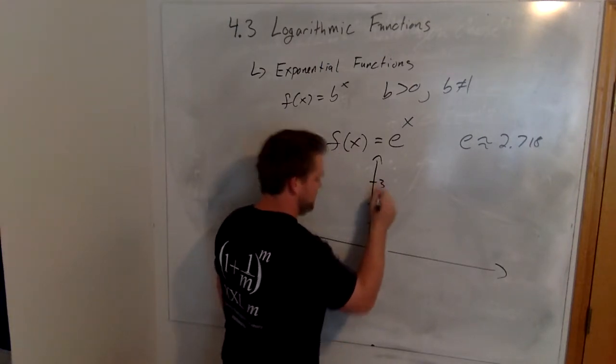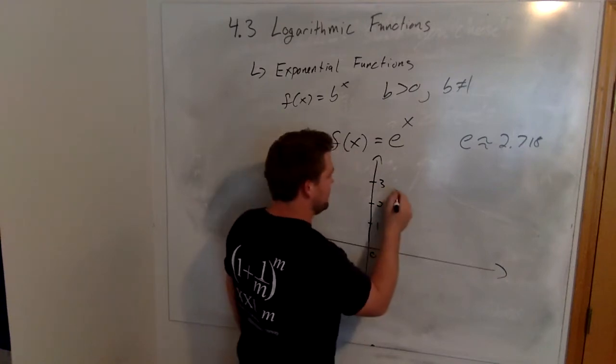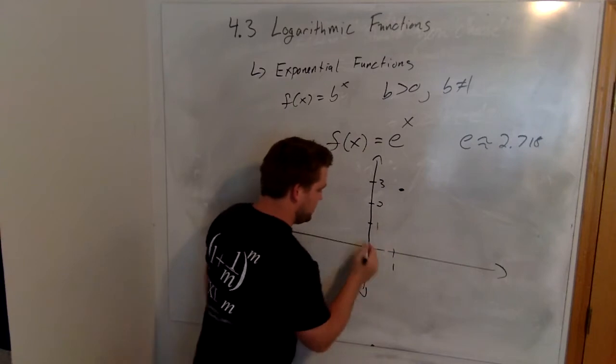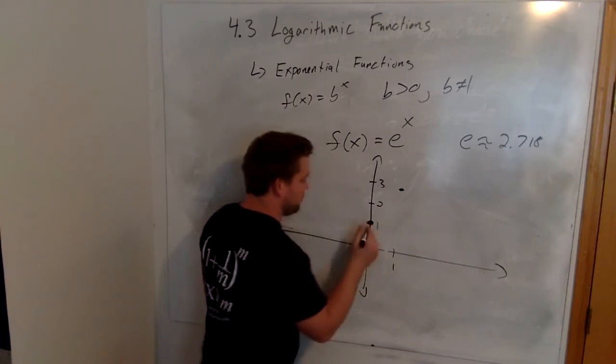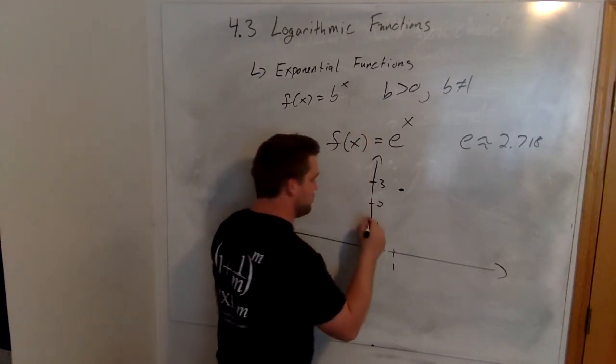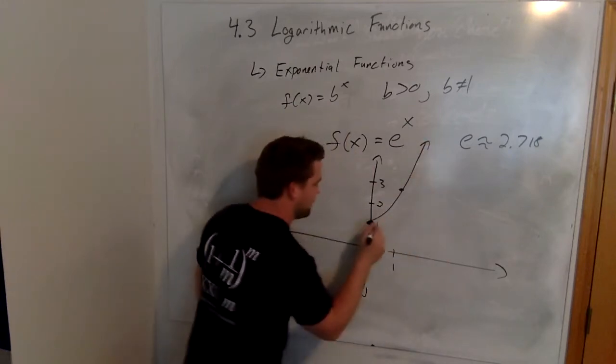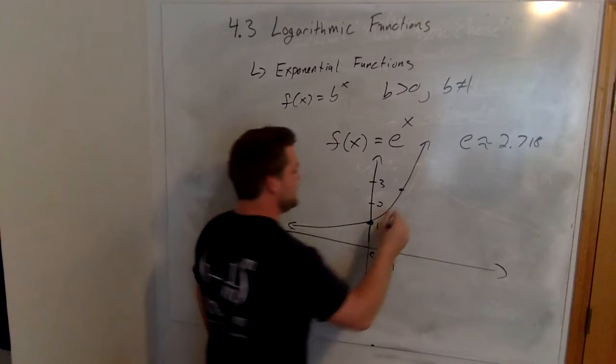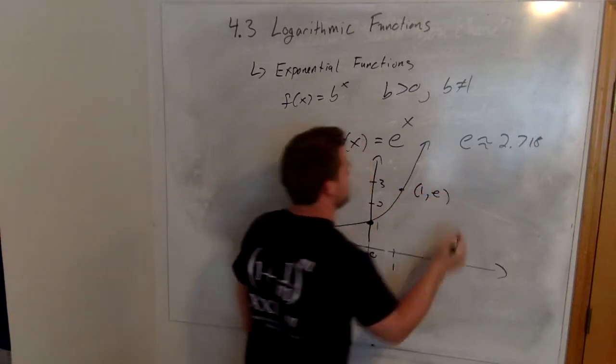If we plugged in 1, the output would be roughly 2.7. Every exponential function goes through the point (0, 1). So here would be the function e to the x, a very important function. This is the point (1, e).